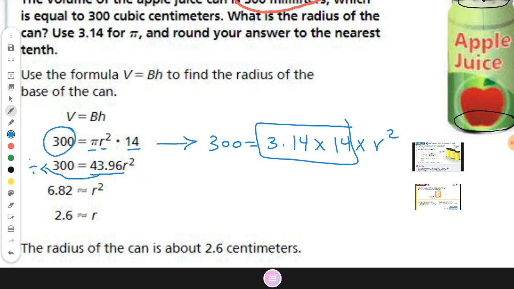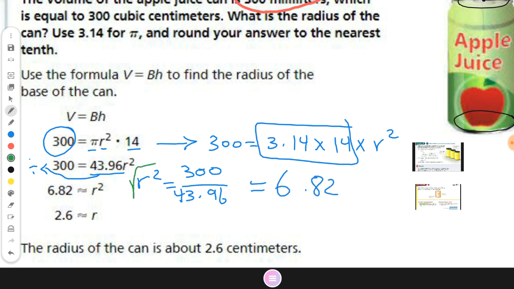So r to the power 2 equals 300 divided by 43.96, which is equal to 6.82. By taking the square root of both sides to get r, r equals approximately 2.6 to the nearest tenth. So this is the radius.